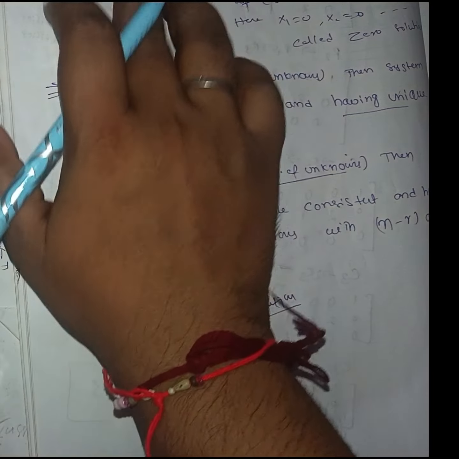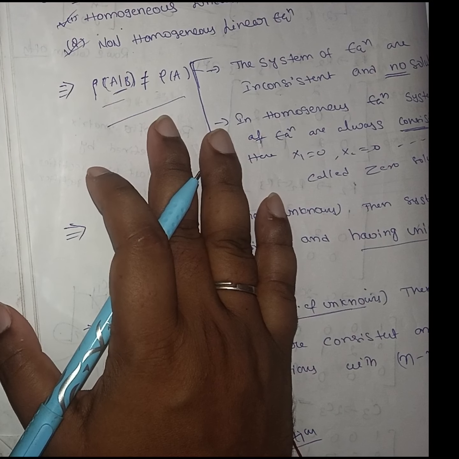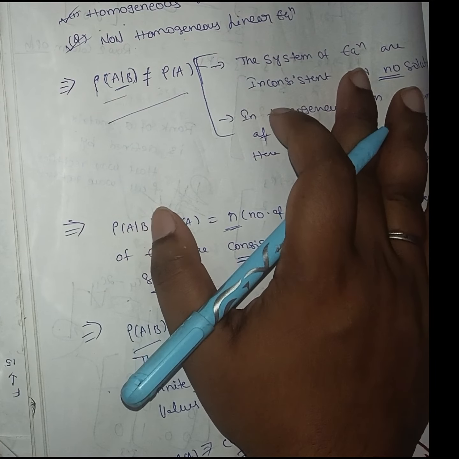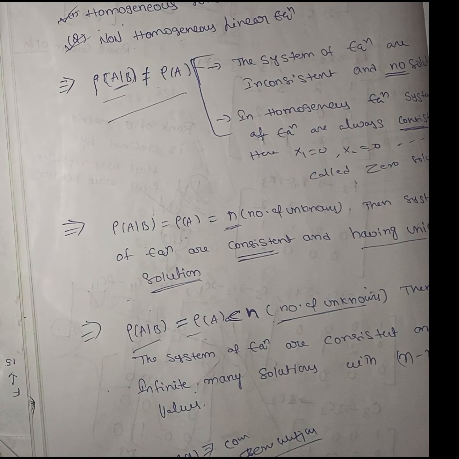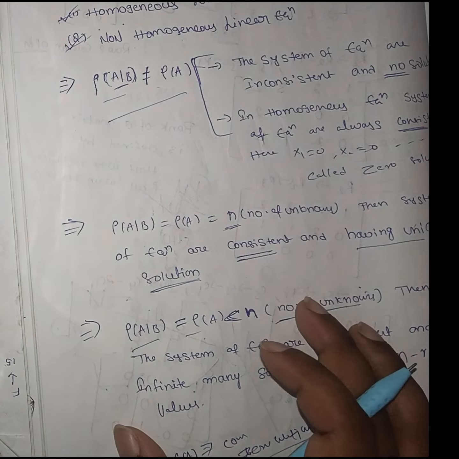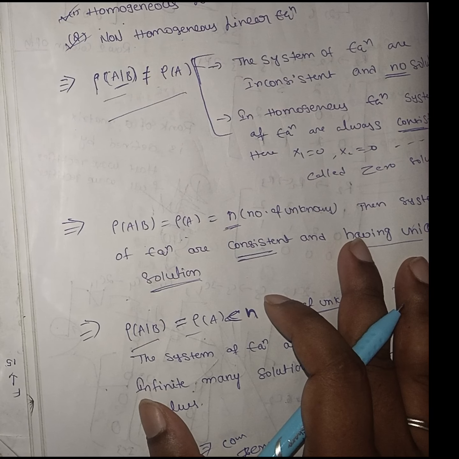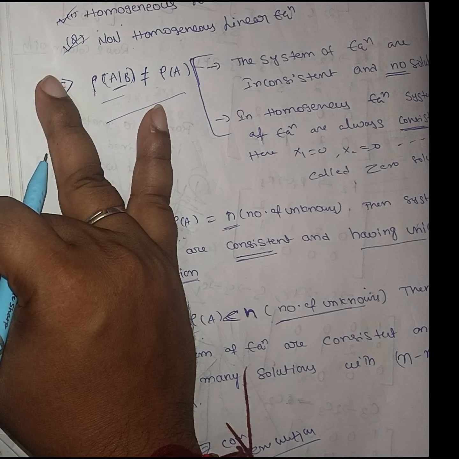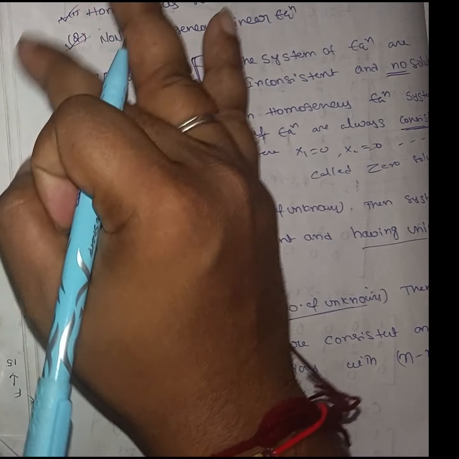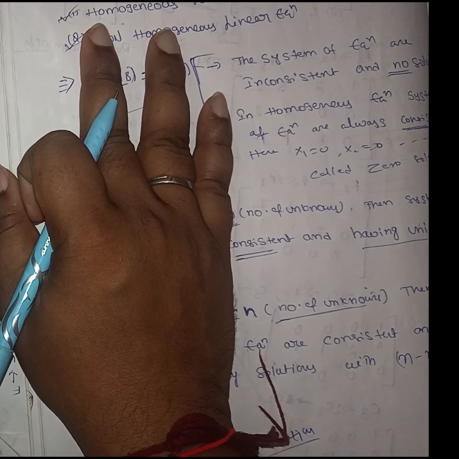If rank of AB is not equal to rank of A, then the equations are said to be inconsistent and no solution exists. This classification is done in later videos. I'll explain with each and every example: homogeneous equations, non-homogeneous equations with a unique solution, and non-homogeneous equations with infinitely many solutions.